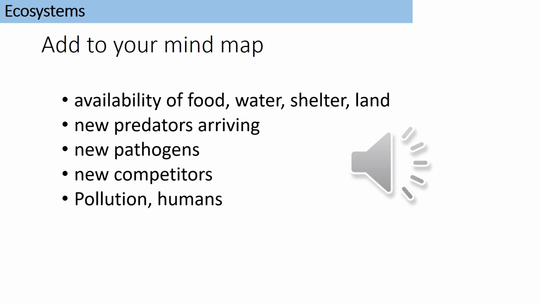Are there any pathogens, diseases? For example, the coronavirus at the moment is a major threat to our human species. It's a new virus. We have no immunity. What about new competitors? Pollution, massive thing at the moment. Polluting our environment is hugely affecting our animals and our ecosystems.